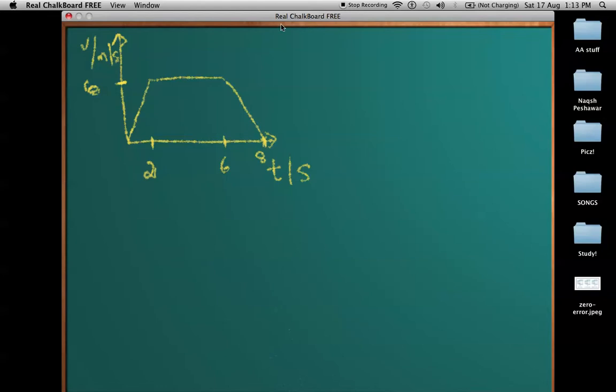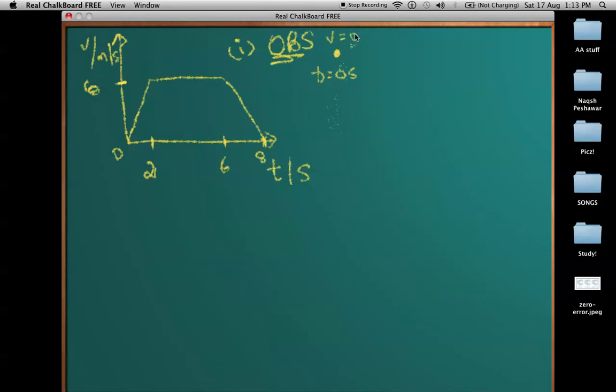Now, first of all, from the observation, the first thing that we are trying to find out is the velocity. So this car or anything is at, this is 0. At time t equals 0 seconds, this is at rest since its velocity is 0.